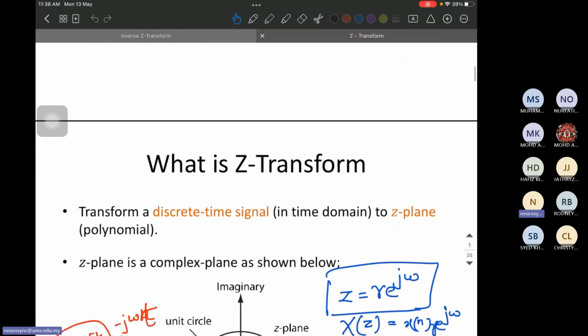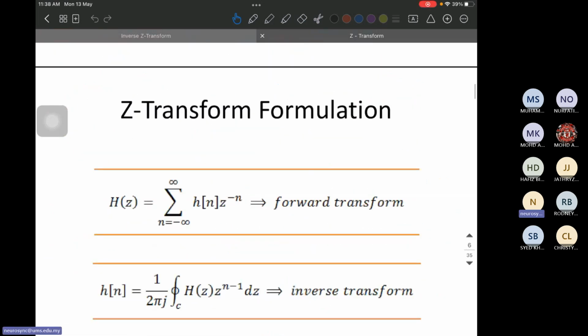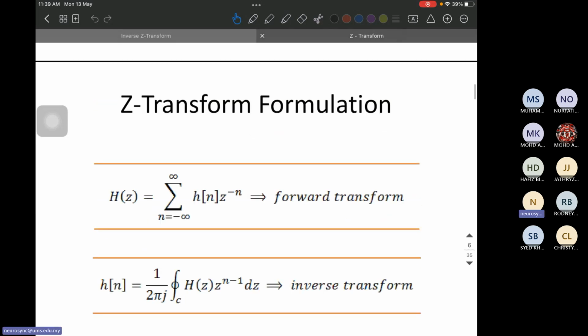We know the Z transform of some standard signals, like the impulse response delta of n. The Z transform of the impulse is 1 for all z. Like that, we know the Z transform of some standard responses.